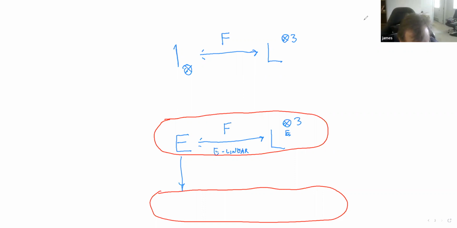So, how does this work? I think this should just be sort of E bar, which is, right, that's a little tricky to interpret, right?